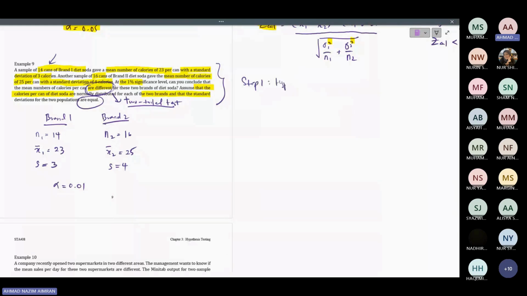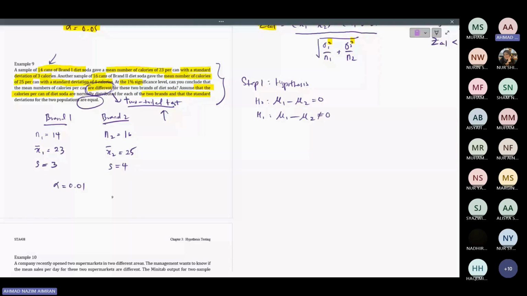Step by step. First step is the hypothesis. H null is again the same one. Mu1 minus mu2 is equal to 0. And the alternative hypothesis is two-tailed test. Two-tailed test is mu1 minus mu2 is not equal to 0.